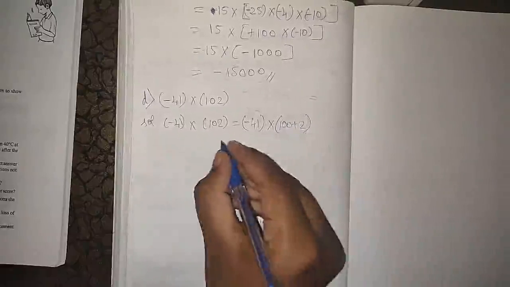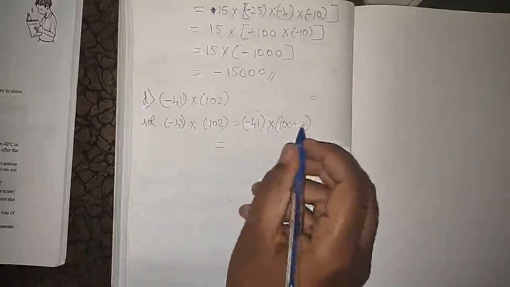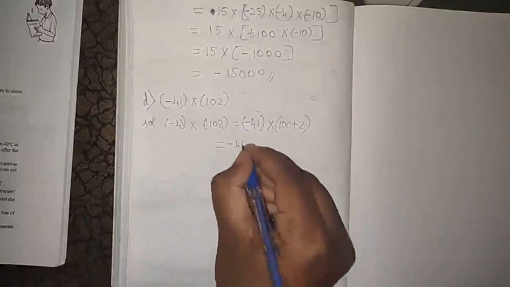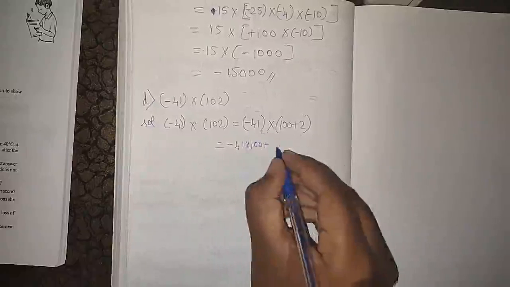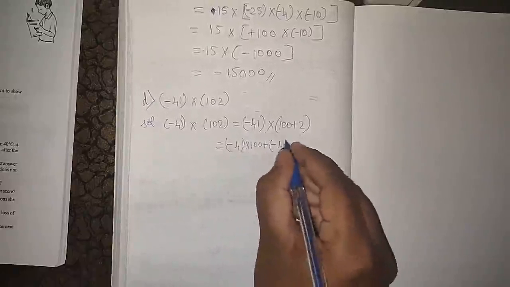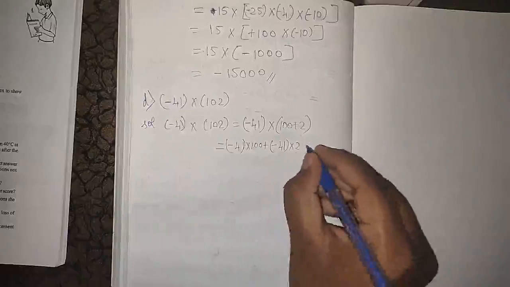Correct, no? So 100 plus 2. So using distributive property I can write this as minus 41 into 100 plus minus 41 into 2. This is from which property?